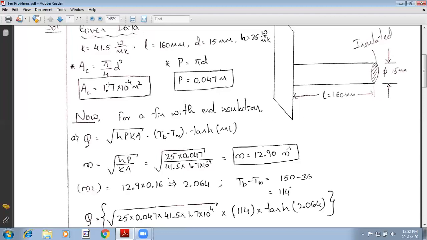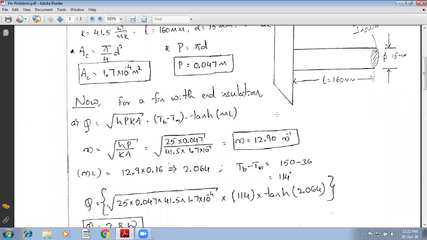So if you calculate, cross-sectional area is nothing but 1.7 into 10 raised to minus 4 meter square. Similarly, perimeter is pi times d. So pi multiplied by 15 mm gives you 0.047 meter. Please note that all the units should be in SI only.